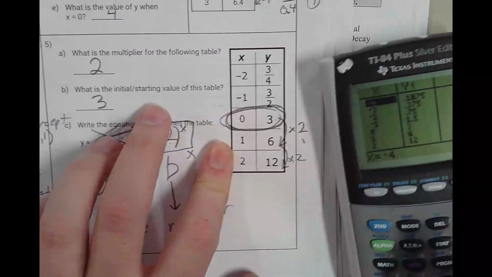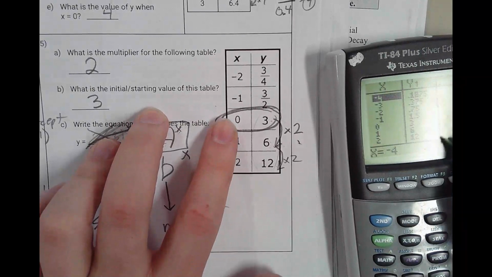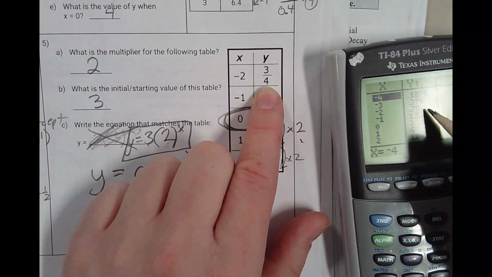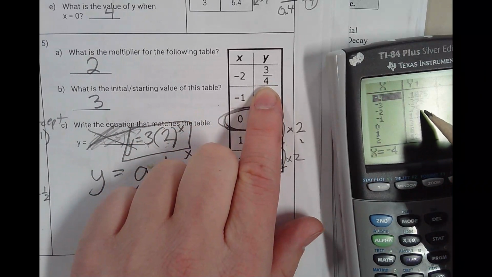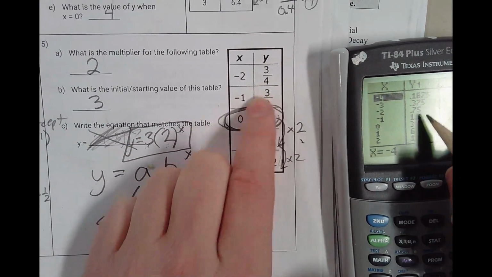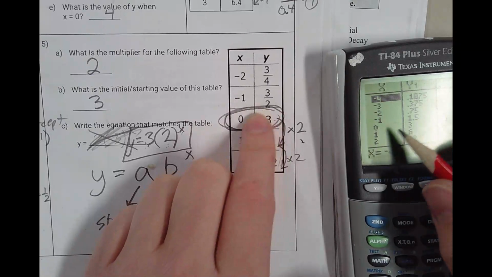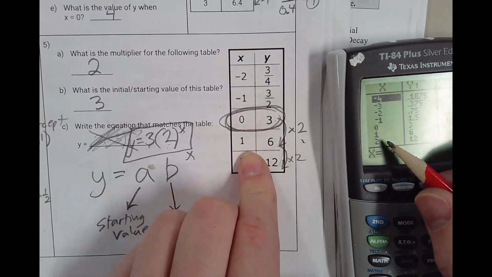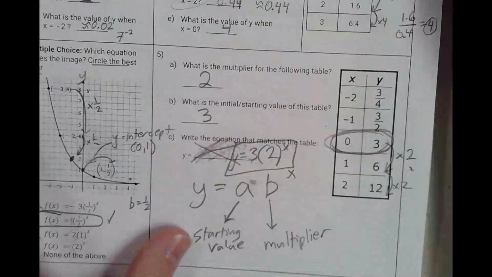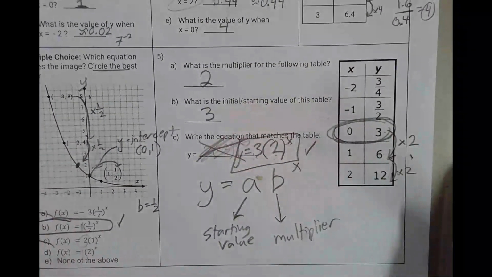You'll notice we do have some decimals, so you can go ahead and skip those or understand that these decimals are the same as 3/4. -2, 3/4 is -2, 0.75. A little easier is 1.5, 0, 3, 1, 6, and 2, 12. So this is definitely the right answer.